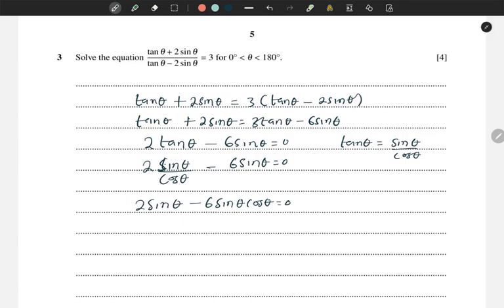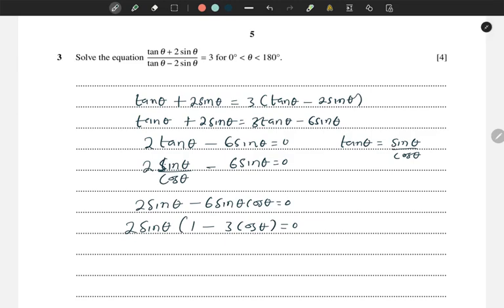The equation has been reduced to two terms, and there are factors of 2 and sin theta there, so it can be factorized. When you factorize that, we are left with 1 minus 3 cos theta equals 0.